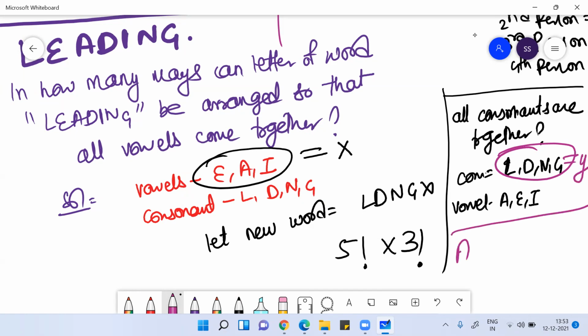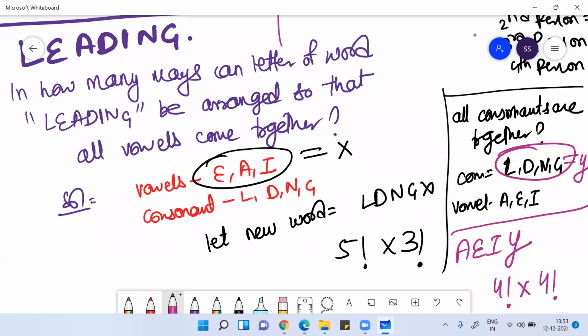Now this is basically a four-letter word A, E, I, Y. You arrange them in 4 factorial ways. But Y is not a single letter. It is made of four letters L, D, N and G, which can change their places in 4 factorial ways.